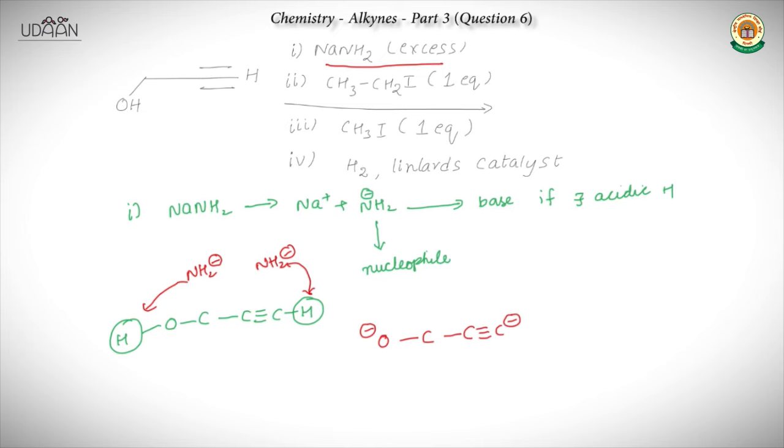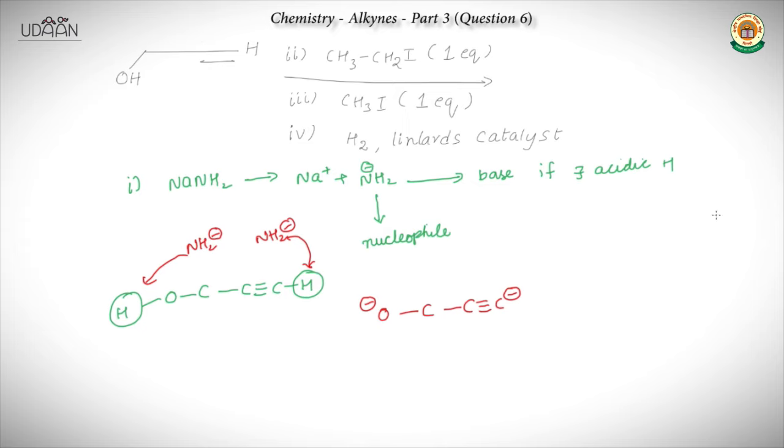And these are going to be stabilized by the sodium atoms. Electrostatic bond exists between them. Now let's come to the next part, where you have only one equivalent of ethyl iodide, that is CH3CH2I. Now these two are nucleophilic sites.